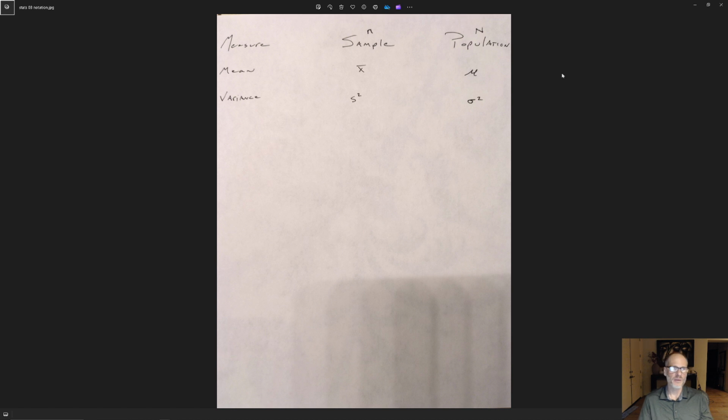And remember, a population, like if we were to study students at Fresno City College, if we were to do that study of the entire population, we would have to study every single student, like 26,000 students. That's a lot. But if we just took a sample of the students, we might study 500 students or 200 students. And then based upon the results of our sample, we'll make inferences about the population.